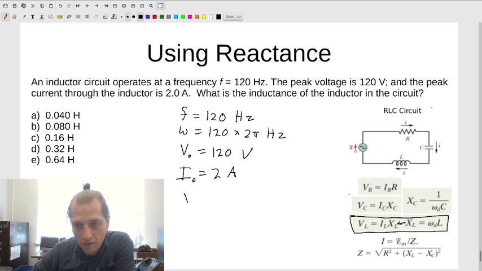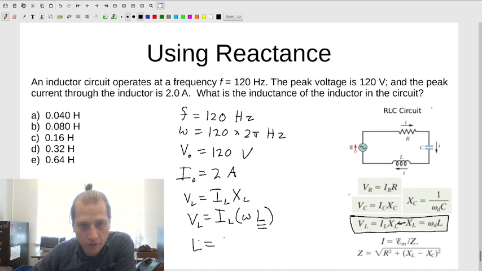You get that V_L equals I_L times X_L, but your inductive reactance is given here as omega times L. And so if you wanted to find the inductance of the inductor, you would just solve for L. So L is going to be V over I omega.